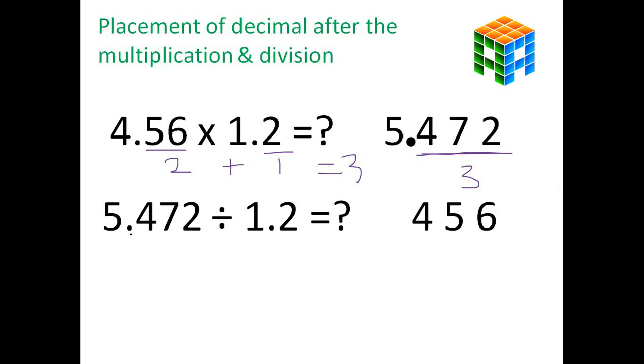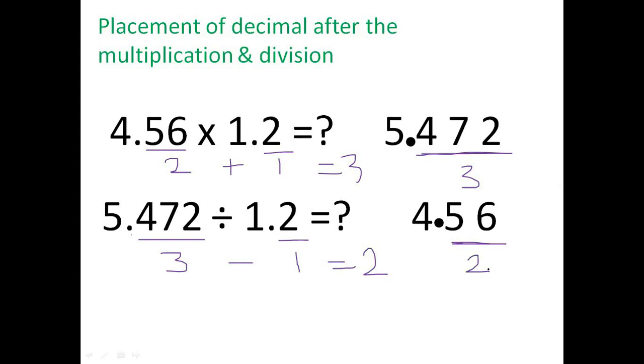After that, count the number of digits after the decimal in the question. 5.472 has 3 digits after the decimal, and 1.2 has 1 digit after the decimal. Now I will subtract these two numbers. 3 minus 1 is 2. Now I will place the decimal point after 2 digits counting from the right side, so it will be between 4 and 5. You can see we have 2 digits after the decimal. So you should count these from the right side.